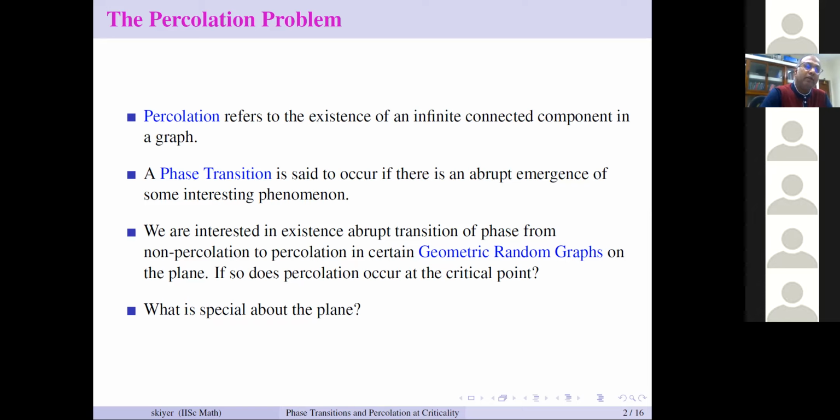For example, consider the square lattice and the nearest neighbor Bernoulli percolation model, independently placing edges between vertices in Z^2 with probability p. It is known that in dimension 2 there is no percolation at criticality, whereas the problem is open, for example, in dimensions 3 up to, I think, 10. So the plane has some very nice structure, which one can exploit to say something more.